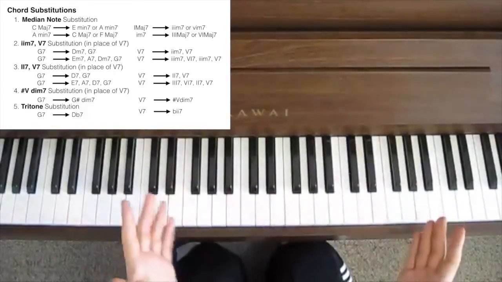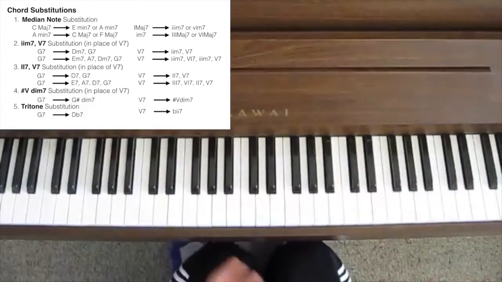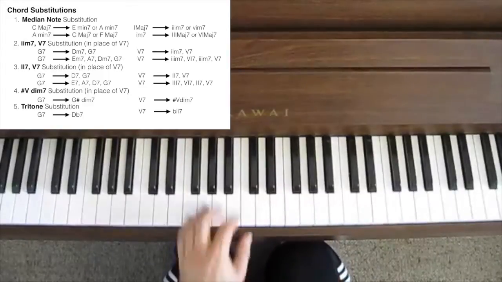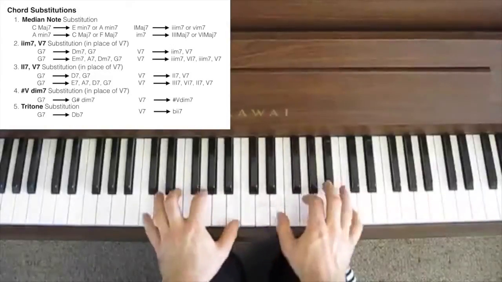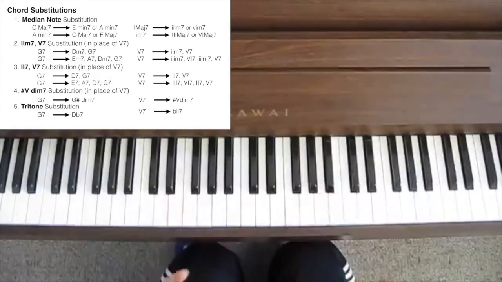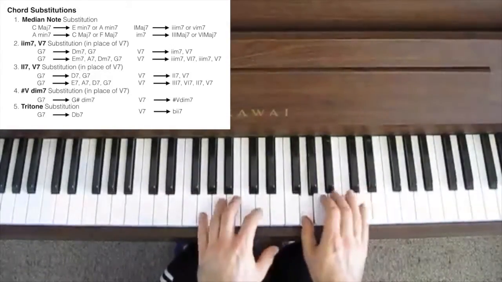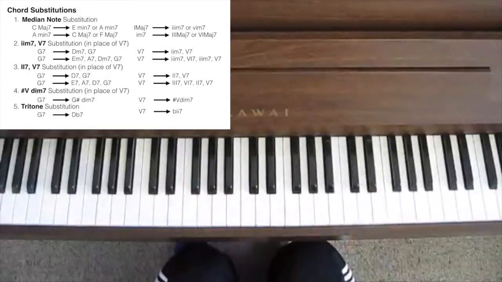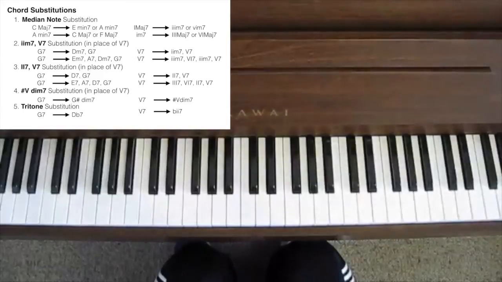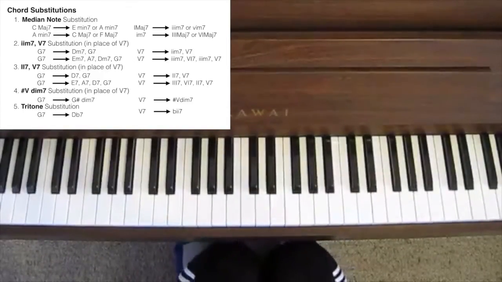You obviously need a bit more time on the 5 in order to substitute all of those chords in, so it'll sound something like this. Which sounds a bit more interesting than just... Right, so that's just substituting a 2-5 in place of a 5.